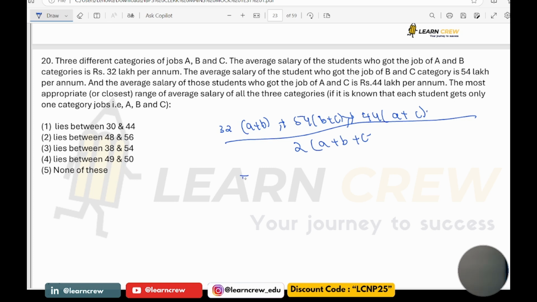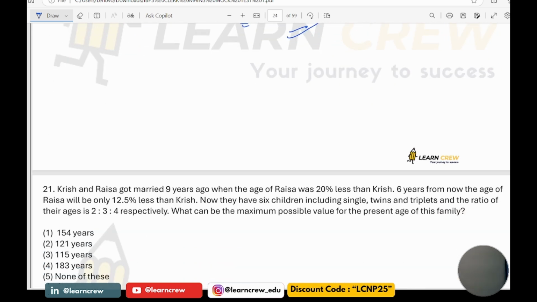If I simplify this, I am going to get some 38 plus. So it should be more than 38, and less than 54. More than 38 and less than 54. So the answer would be option 3.